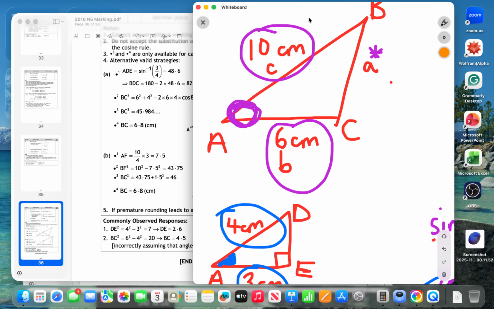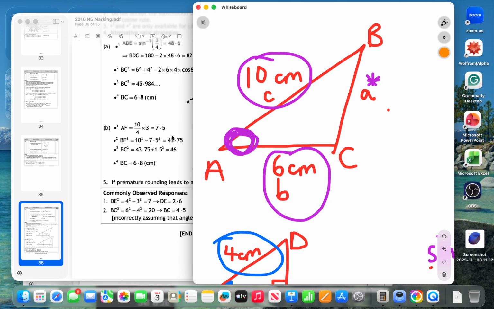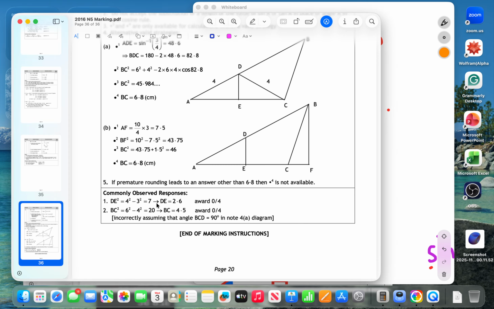It does nothing because the side DE is not part of this ABC. And many other pupils done something even worse, and many performed Pythagoras on a triangle that isn't right angled. So many drew the wrong triangle, and they used Pythagoras on one that isn't even right angled. So both of those would get you nothing.